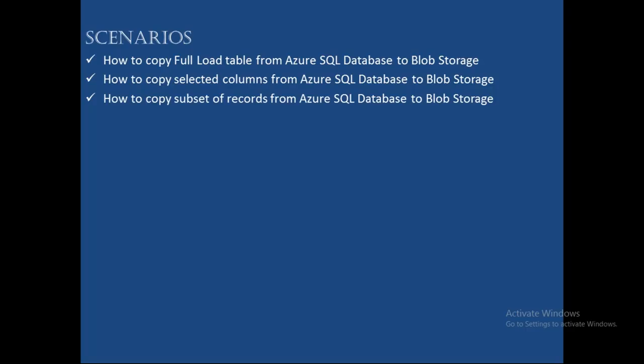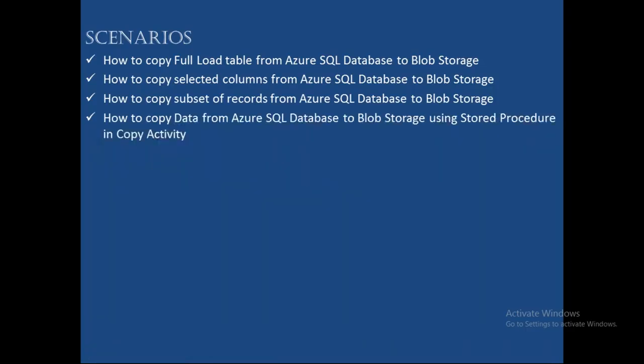I want only the India customers' data copied into blob storage. Understood, friends? I have people from three different countries, India, USA, UK. I want to filter and get only the Indian customers' data, and copy this data into the blob storage.